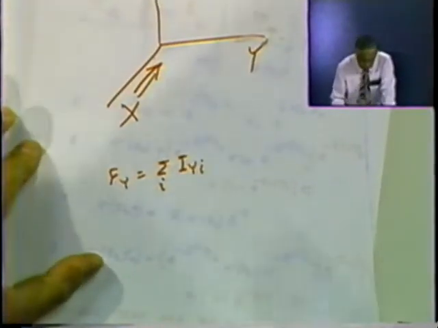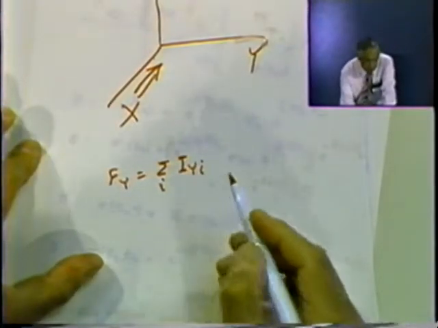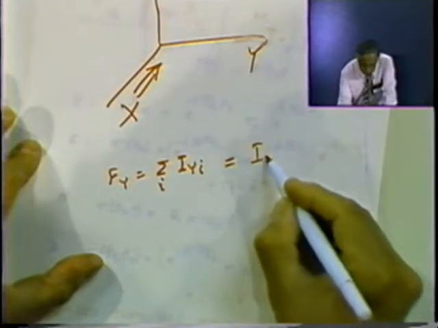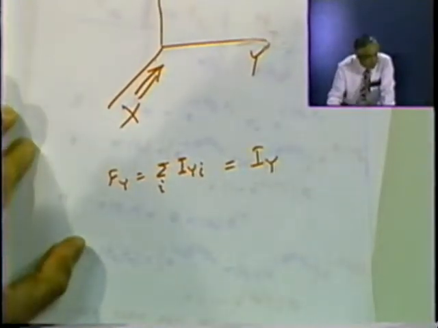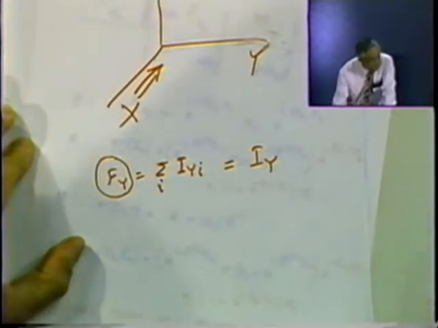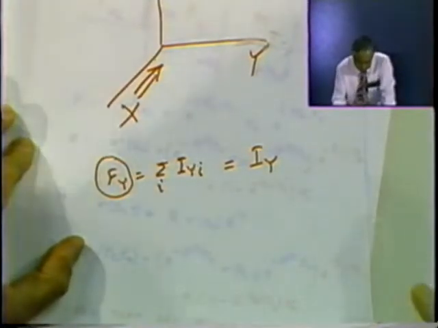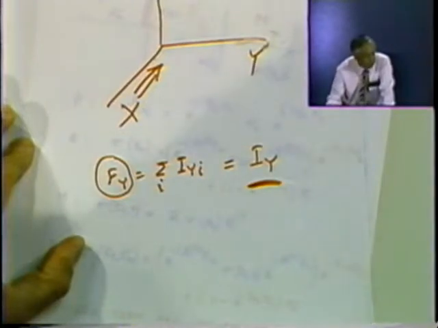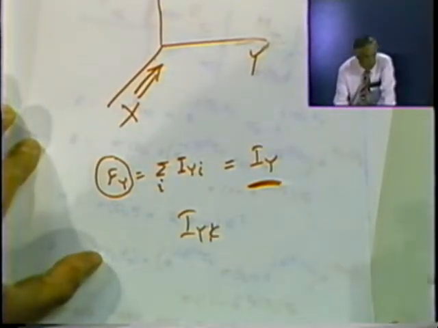If I don't write this i here, I sometimes write it as Iy. I should do it consistently as Fy. I often don't, and I may just write it as Iy. We will later on sometimes write Iyk, which means spin k, and this is a notation.